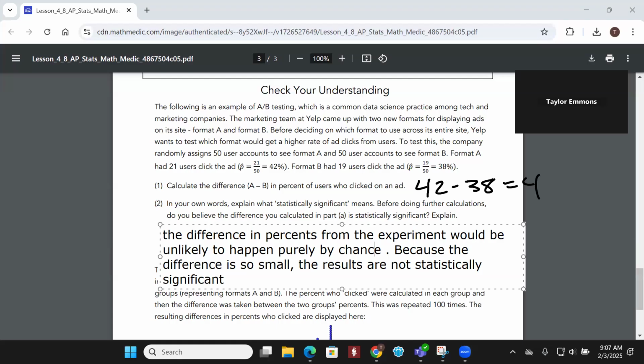So it's unlikely to happen purely by chance. So if it's statistically significant, we have convincing evidence that the treatment caused the difference. So there's not a difference in those two things, format A and format B. There's no difference between these two things. So format A, is there anything that's impacting it?